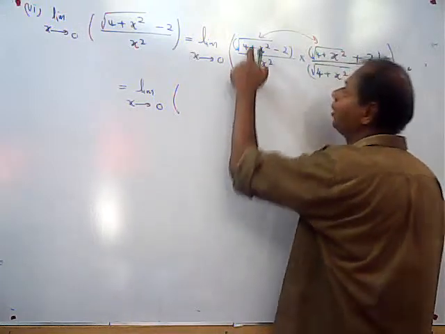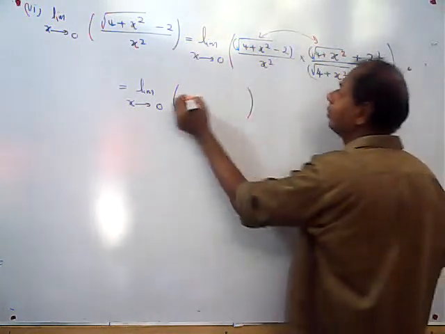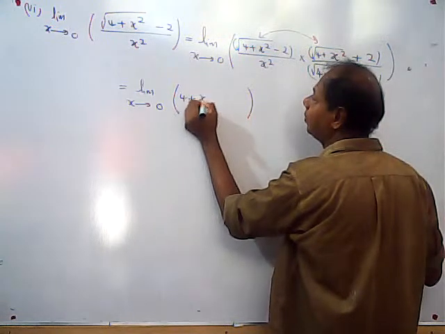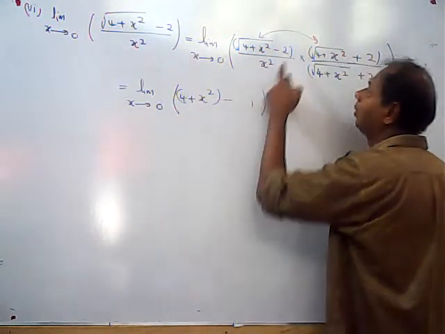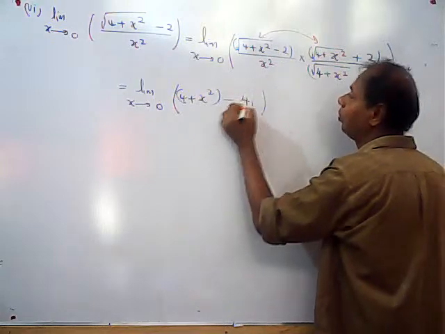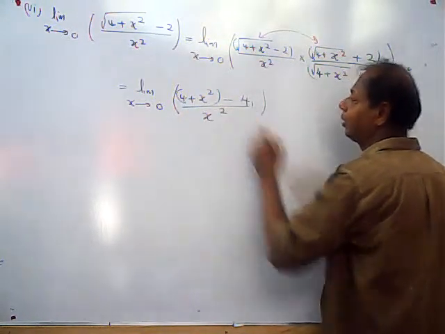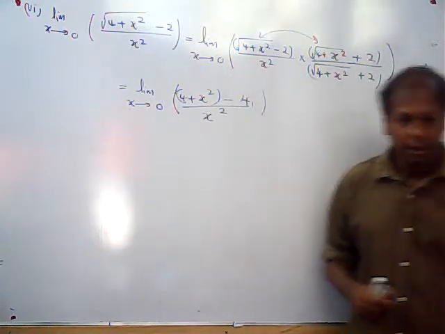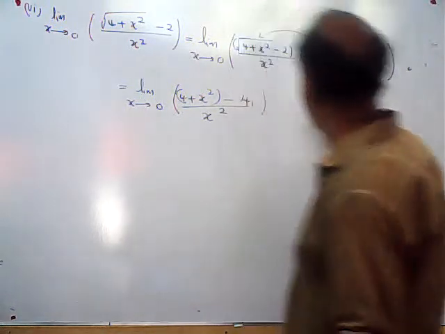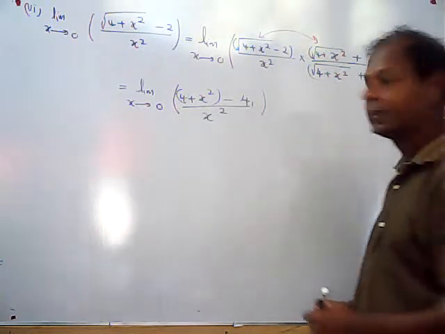Here, this part is a difference of squares. Square of this minus square of this: 4 plus x squared minus 2 squared, that will be x squared, divided by the denominator x squared. Right? And at the same time, we will write the other part separately with the limit.